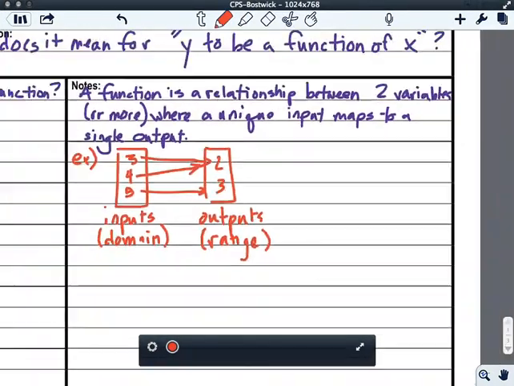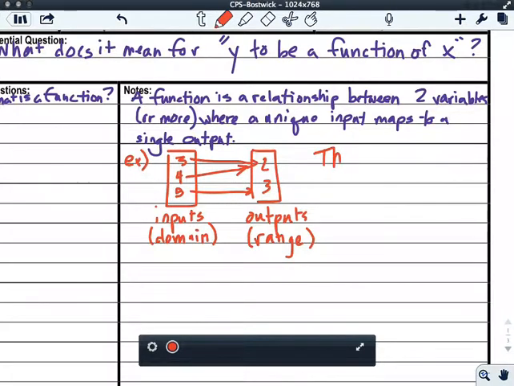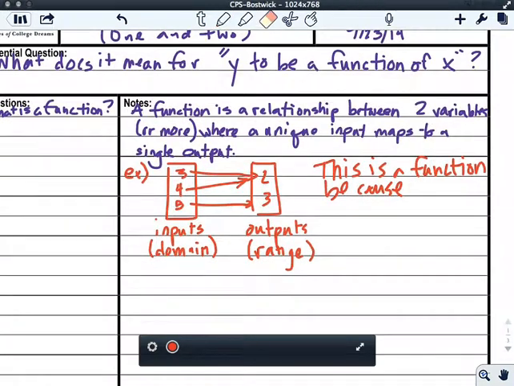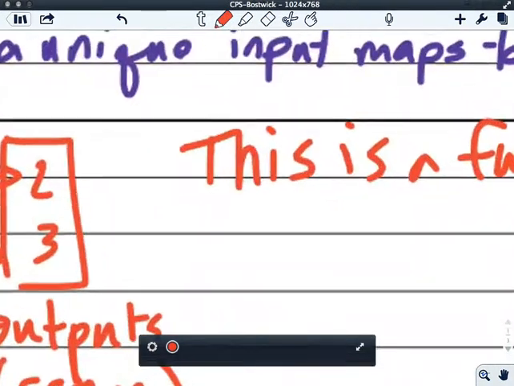We're going to say this is a function because, sorry about my handwriting. Let me try to write that a little bit better. I'm going to adjust my iPad here.